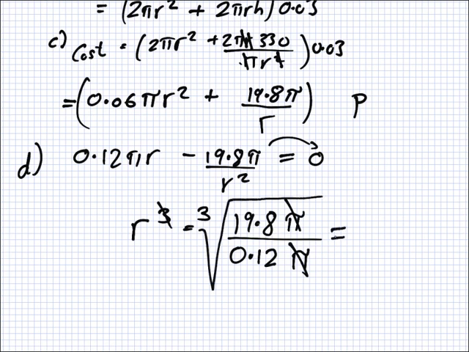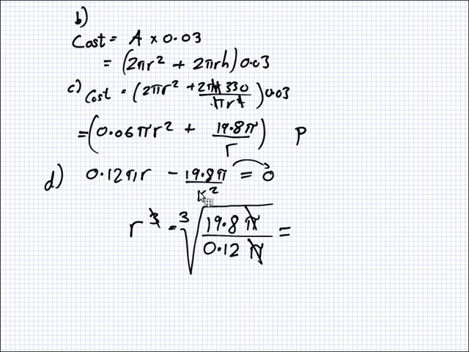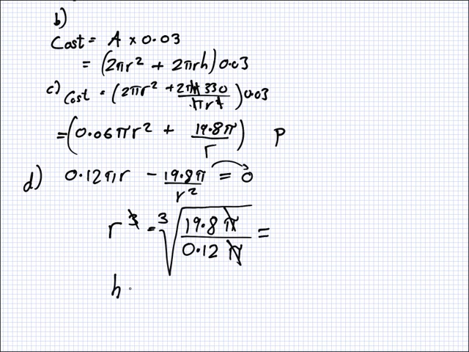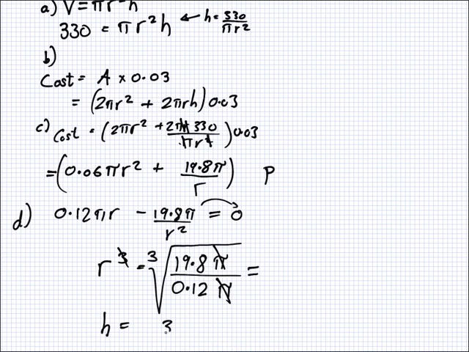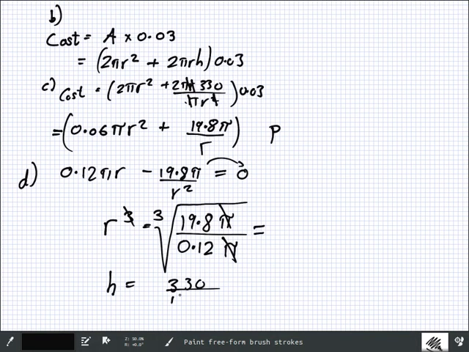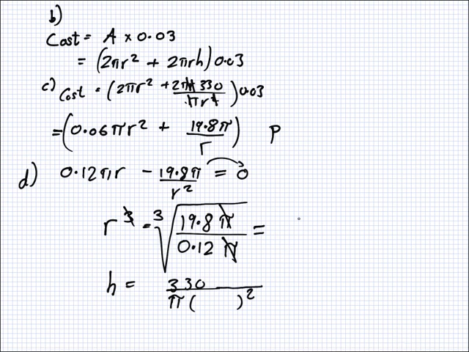And that's the r. And then as soon as we have the r, we have the h, because we have a formula earlier. Where's it gone? There it is up there. h will be 330 over pi r squared. So what's the r here? Please, when you're ready. And then once we have that, we can get the cost.